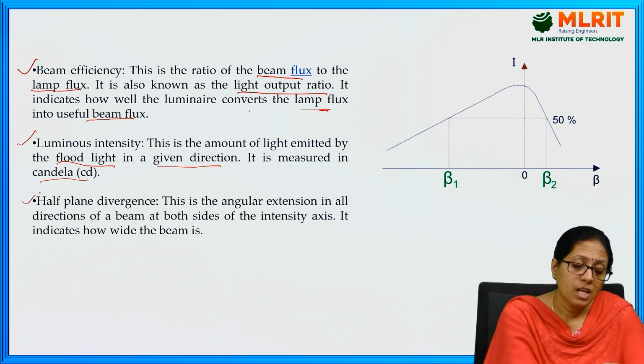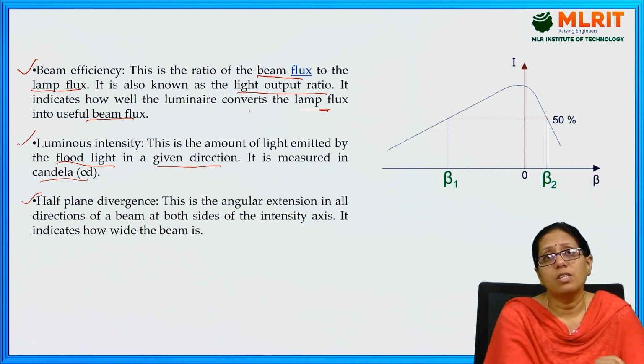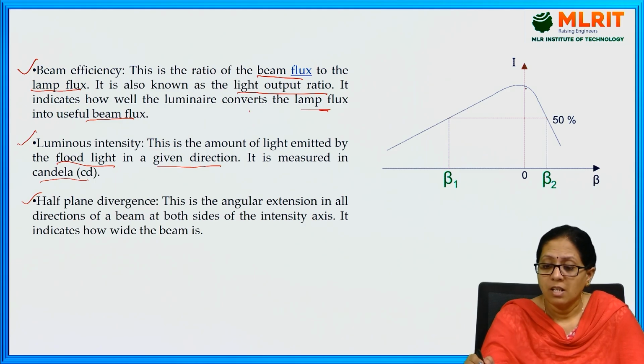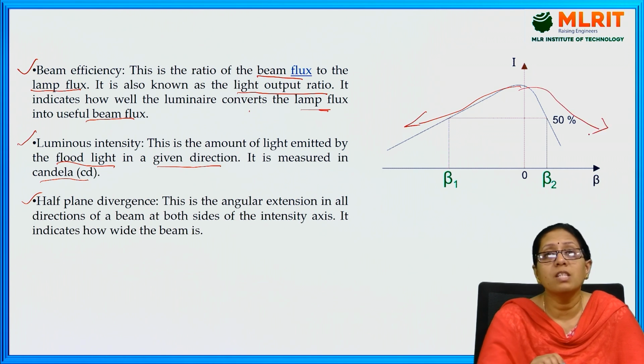Next one is half plane divergence. This is the angular extension in all directions of the beam at both sides of the intensity axis. It means this side also the extension is there, this side also the extension is there.